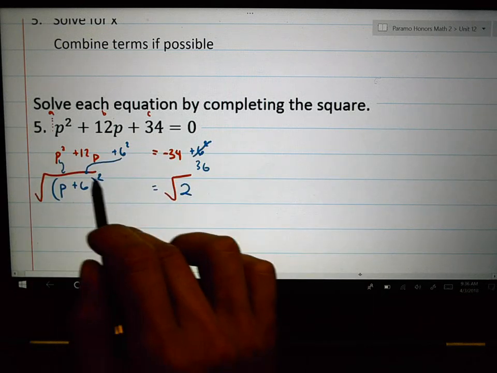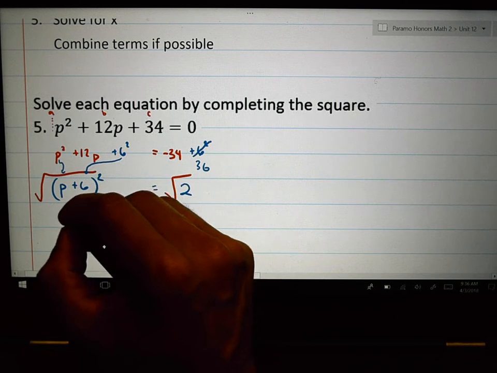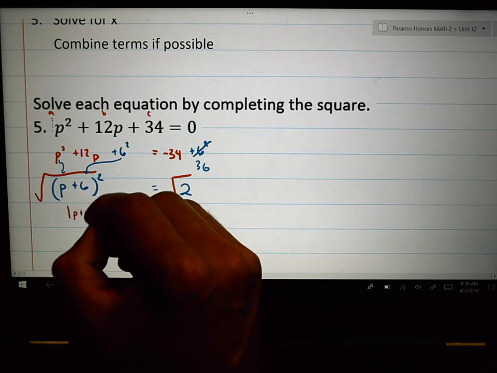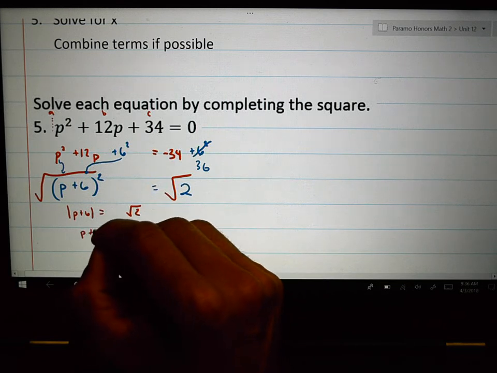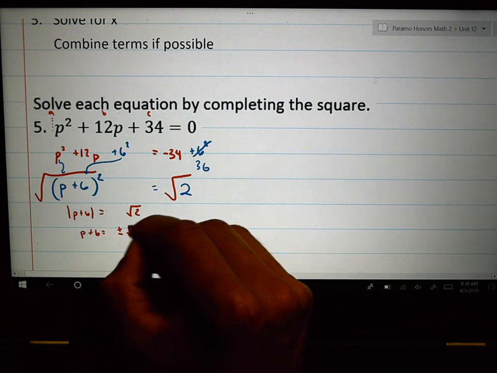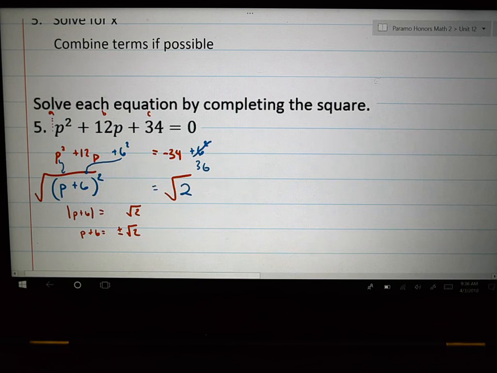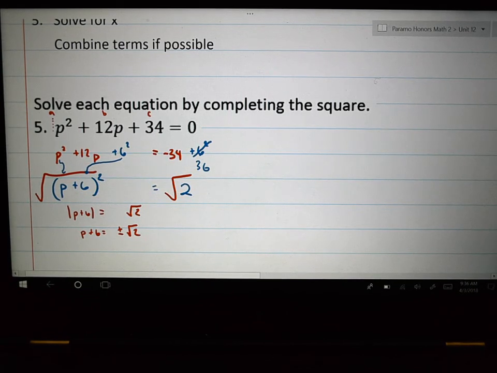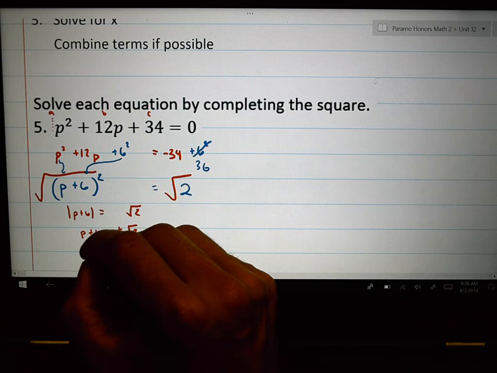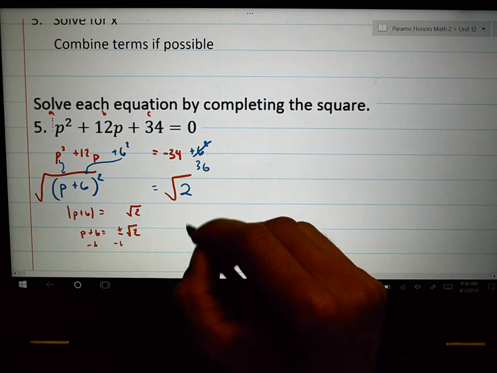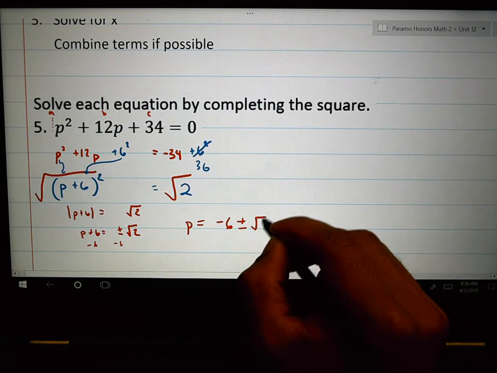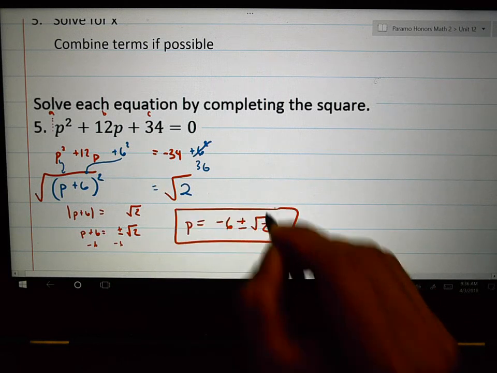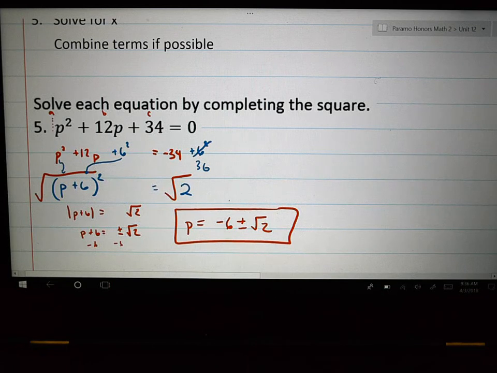And I told you earlier that this is the same thing as the absolute value, which the only reason I say that is so that you remember that p plus 6 is equal to plus or minus root 2. But we don't have p by itself yet. We have to subtract the 6 over to the other side. My final answer for this, p will equal negative 6 plus or minus root 2. You cannot put these together because they are not like terms.